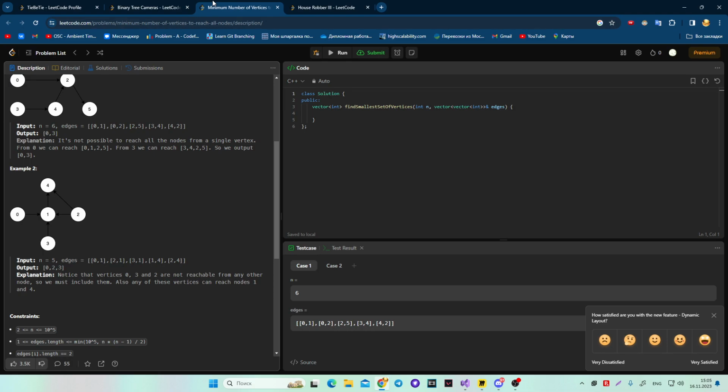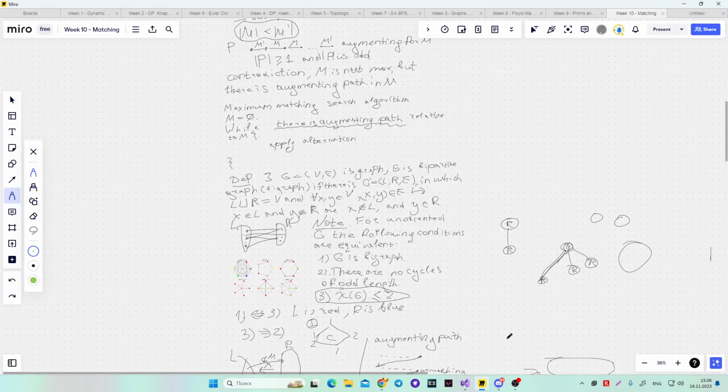We can pass through this graph in topological order.